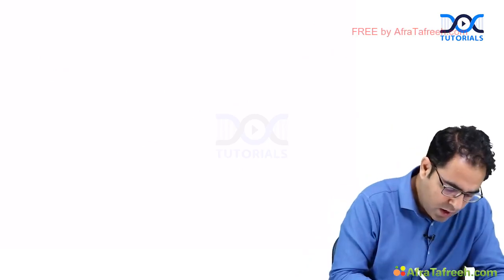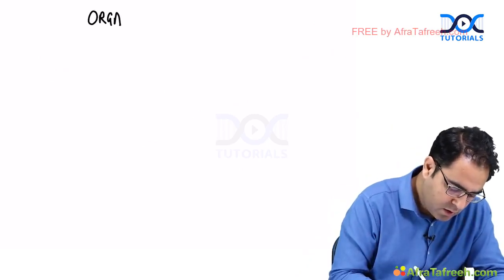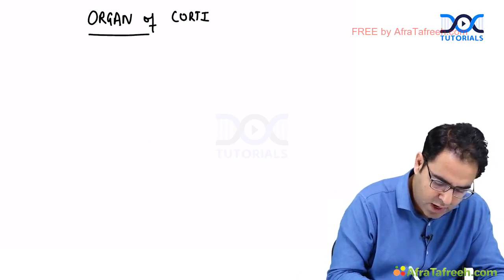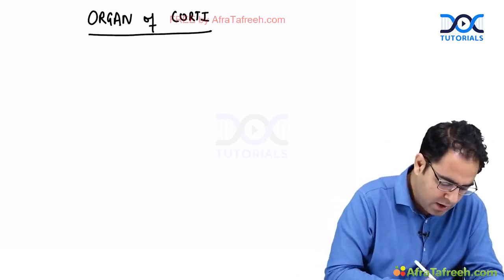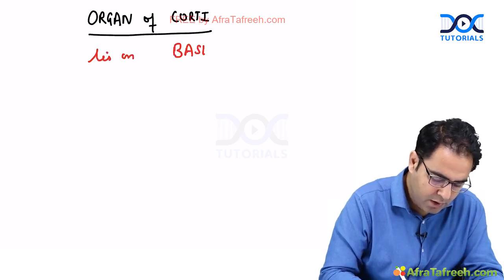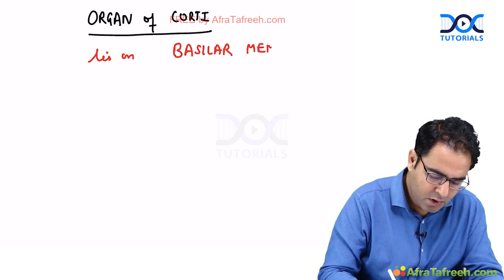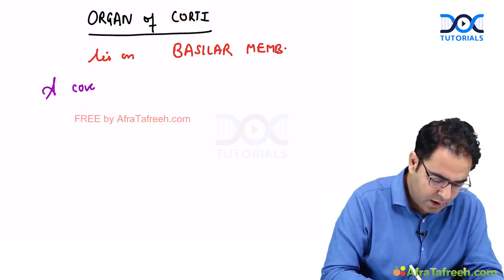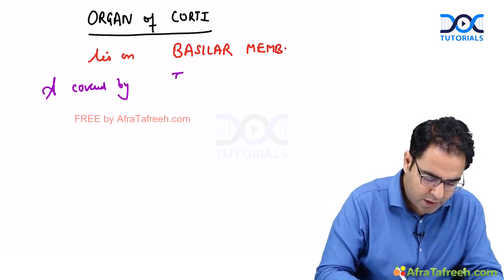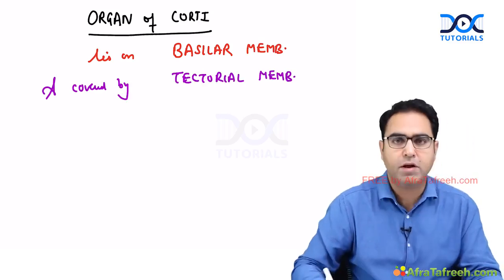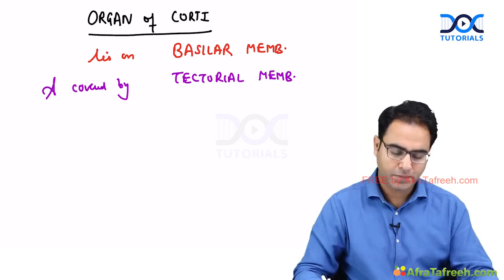The organ of Corti, which is the sensory end organ of the cochlea, lies on the basilar membrane and is covered by the tectorial membrane. Am I clear? Look at the diagram. The organ of Corti is lying on the basilar membrane covered by the tectorial membrane.